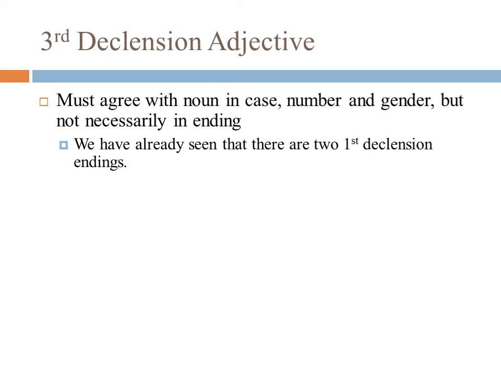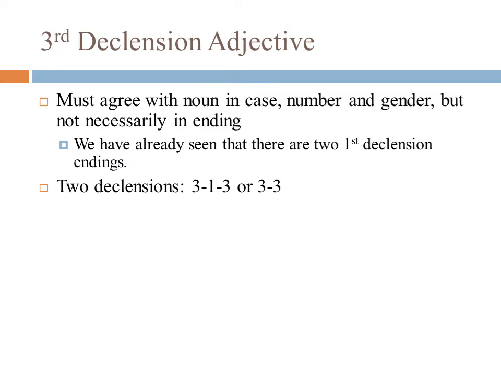So we've already seen that there are 2 first declension endings. And with the third declension, with these adjectives, we're going to get 2 forms. 3-1-3, and remember we had the 2-1-2, right? Masculine was second declension, feminine was first declension, and the neuter was second declension, right? So with the third declension, we're going to get 3-1-3, that is, the masculine is third declension, feminine is first declension, and neuter is third declension.